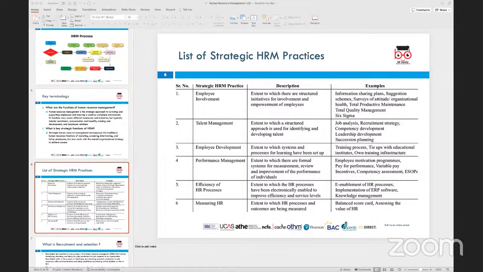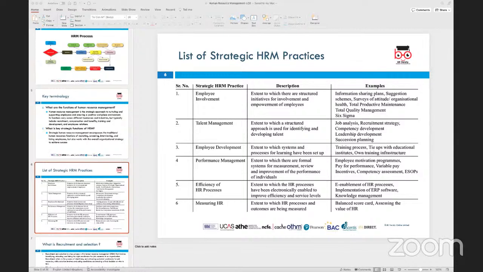And in some cases, when we look at succession planning, that would also mean that you are planning to give more responsibility to the employees, and that would essentially allow the employees to stay within the organization.